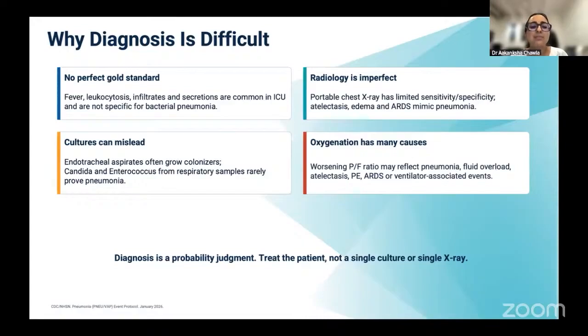Cultures can be misleading because ET aspirates often grow colonizers, and oxygen requirement, increasing PF ratios may worsen even in patients with fluid overload, collapse, embolism, or ARDS. So diagnosis is a probability judgment, and you treat the patient as a whole, not a single culture and not just a chest X-ray.